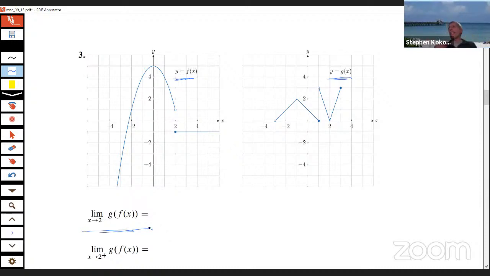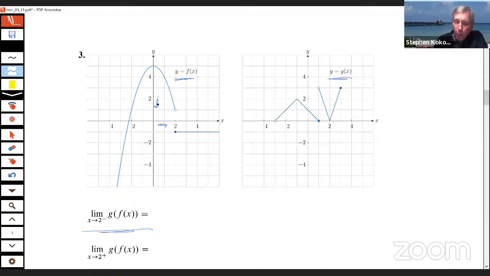Well, I'm going to think kind of naively about this a little bit. As x goes to 2 from the left-hand side, my graph is going to get a little messy here, Curtis. I'm sorry about that. That's okay. So x is going to 2 from the left-hand side. So I'm approaching 2 like this. What is f of x doing? Oh, here it is. f of x is doing what?